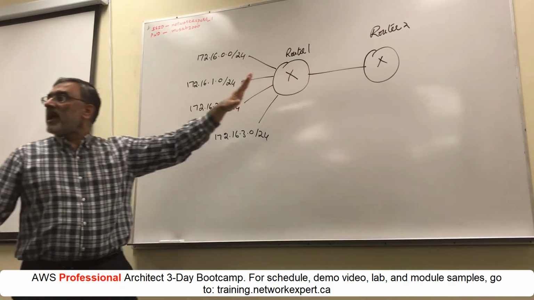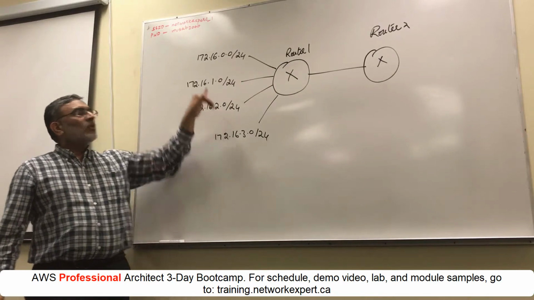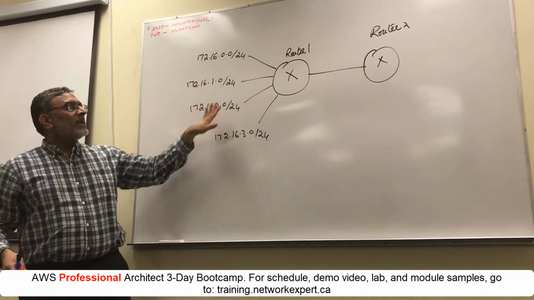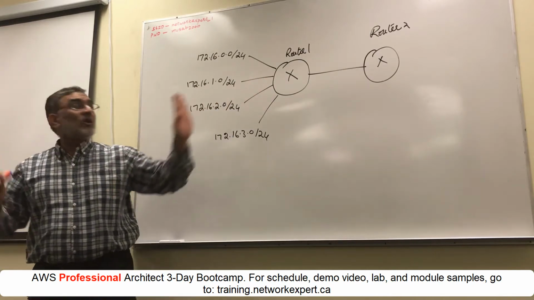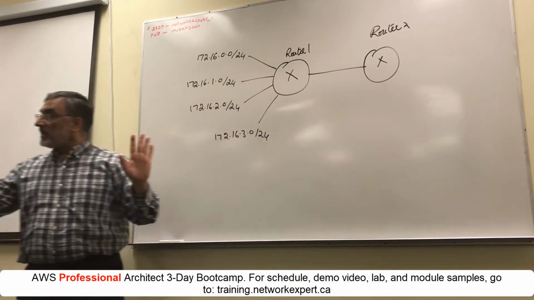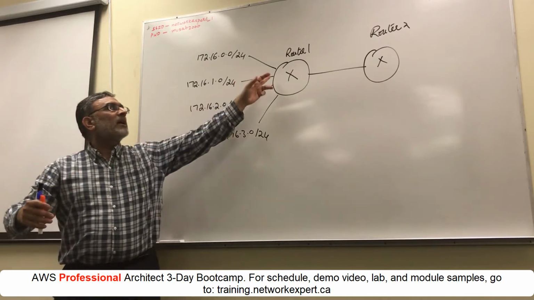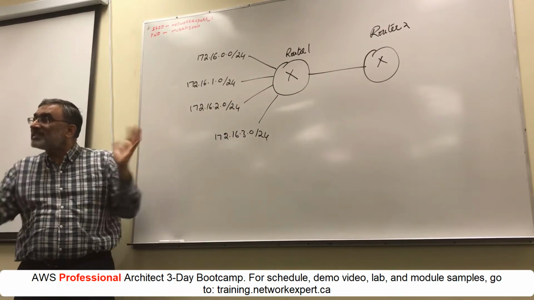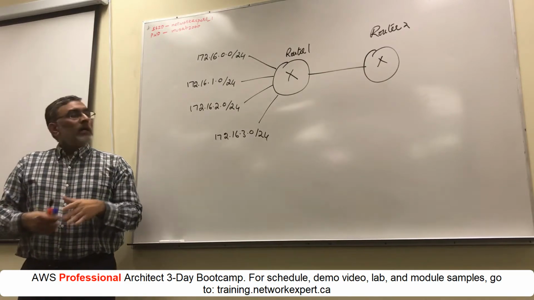So if router 2 receives a packet for 172.16.2.10, for example, router 1 has already informed me that it knows how to reach that subnet. So he will send the packet to router 1, and router 1 will send it to the host. So this is routing as well.